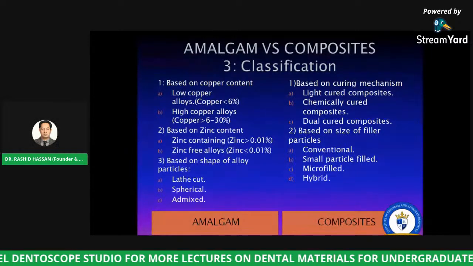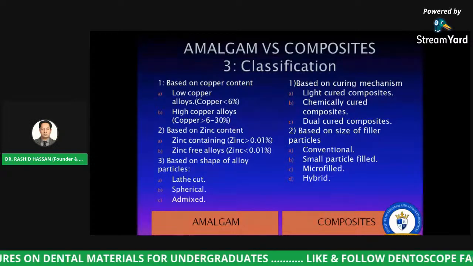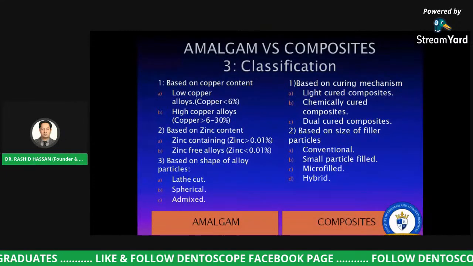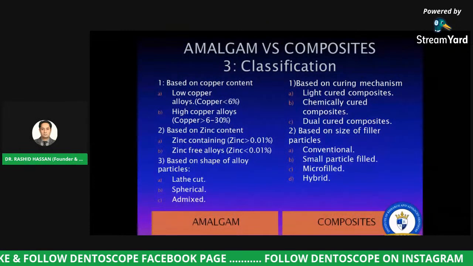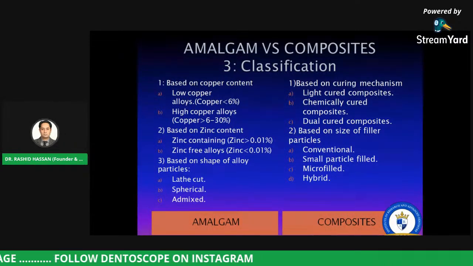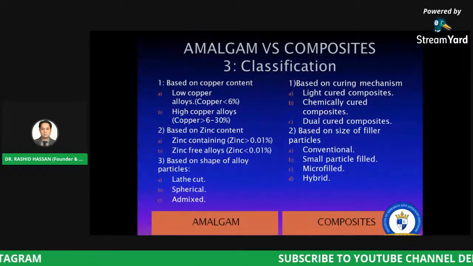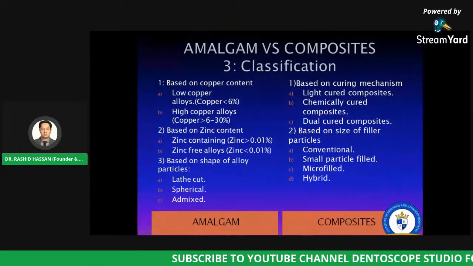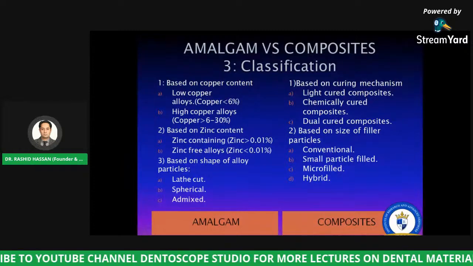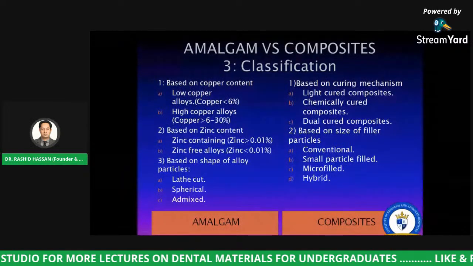Once you have made these components, you have collected them, and then melted them to form one form, and then you grind it. You can use the normal lathe machine to grind those particles, and those lathe cut particles are basically irregular in shape, right? So that's the difference between lathe cut and the other one.